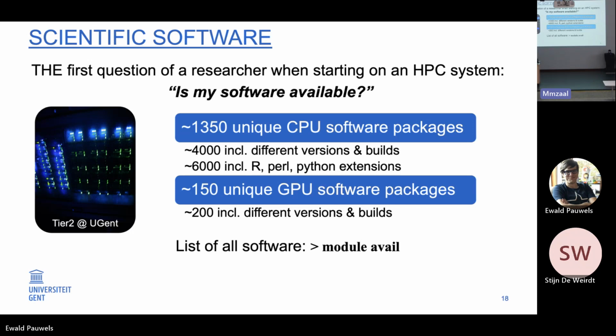That's an insane amount of software. And this is not only in Ghent, but across the world. We see an insane rise of software packages that's pretty difficult to maintain, but we try our best. There are more than 200 GPU software packages and versions available. And you can get an easy list using a command like module avail. In a terminal, you can see which software is available at tier 2.